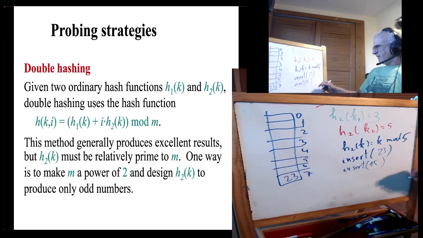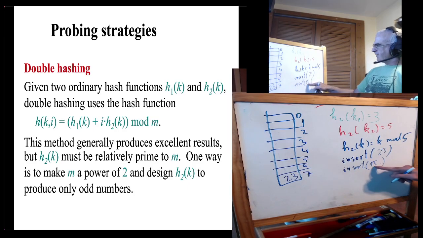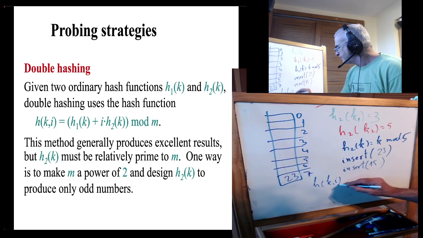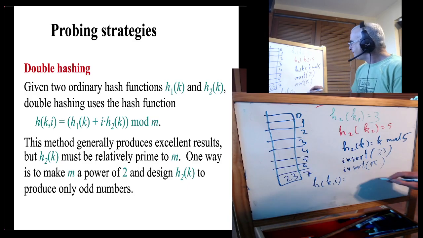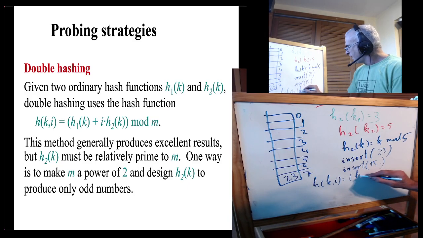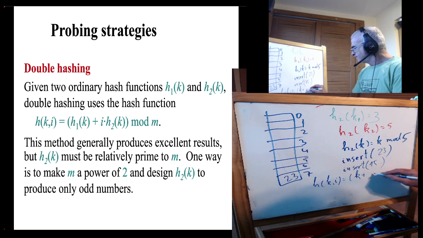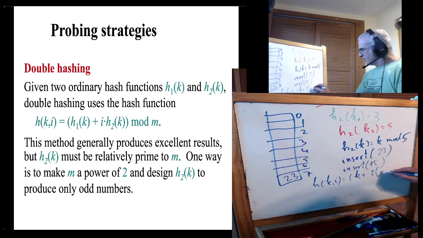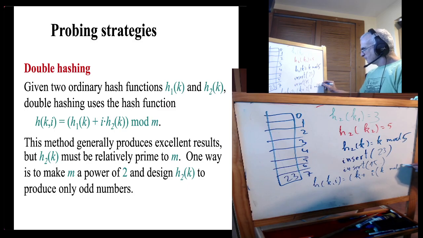23 is living right here. I'm going to insert 15, and I'm using the hash function h of k comma i, which is k plus i times h2 of k, which is k mod 5.